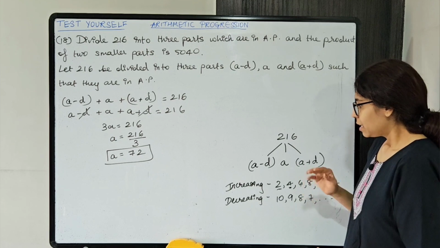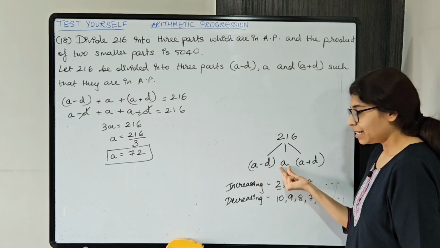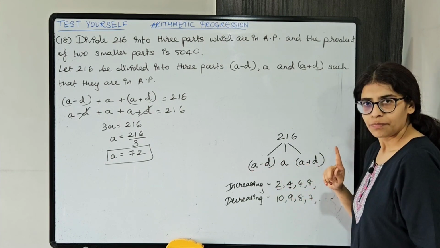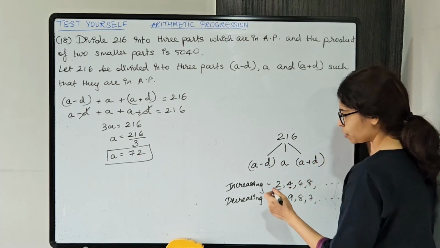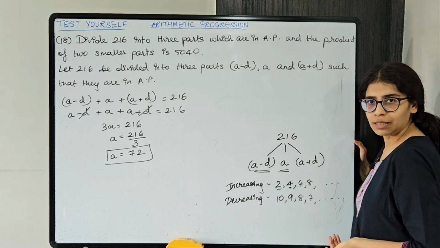Okay, same logic यहाँ पे apply हो सकता है. A minus D and A are the smaller terms and this is the greater term. Okay, so these two can be the smaller terms than A plus D.